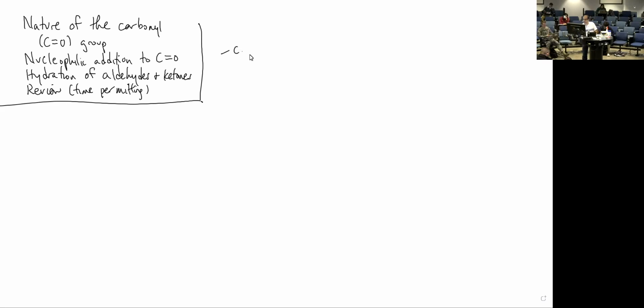And this doesn't just apply to aldehydes and ketones, but recall that the nature of the carbon-oxygen double bond is that it's highly polarized towards the oxygen atom. That's because oxygen is a good deal more electronegative than carbon. And so as a result, the oxygen is going to have a partial negative charge and the carbon a partial positive charge. And that's one way of looking at it.